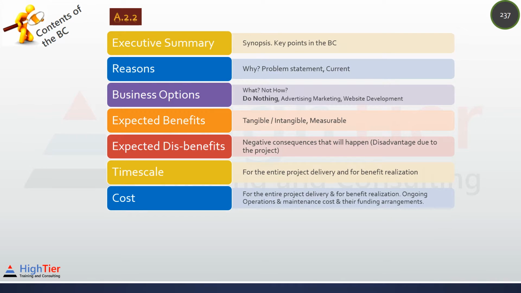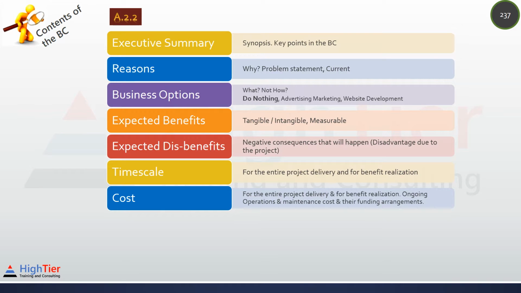Cost. Again, cost for project delivery. For example, if it costs 2 million, then put 2 millions under the project delivery cost section. Also benefit realization cost, which is the ongoing operations and maintenance cost. For example, if you are implementing a software, there may be a licensing cost and support cost which should be included in this section.